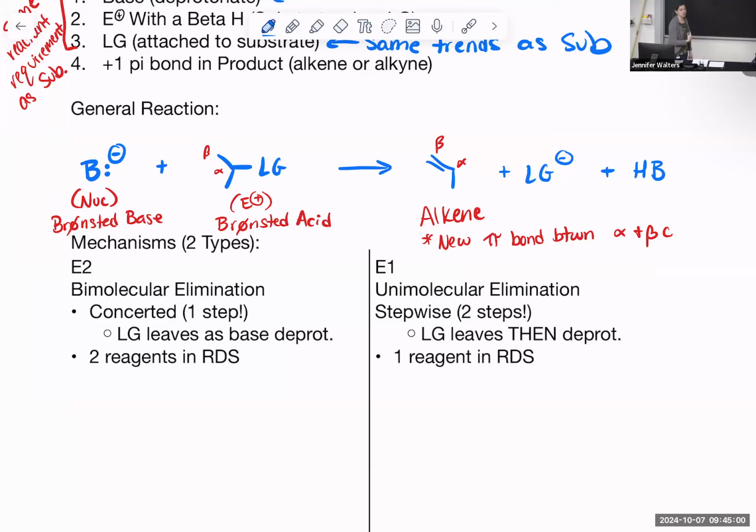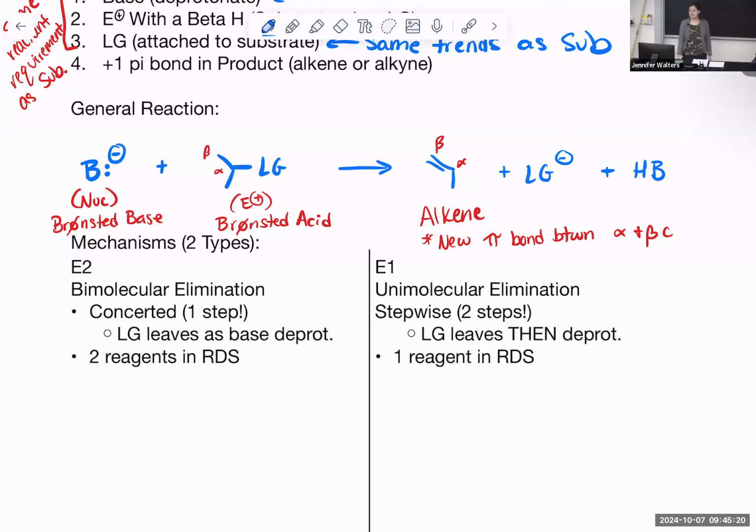Just like with substitution, we're going to have 2 elimination mechanisms. So we're going to have E1 and E2. And just like with substitution, the number does not tell you the number of steps. The number tells you the number of reactants in the rate determining step.